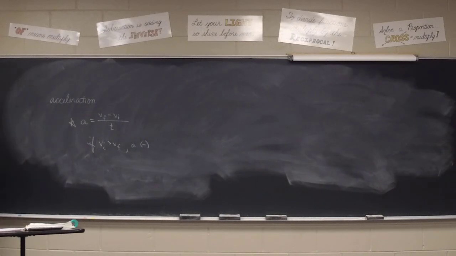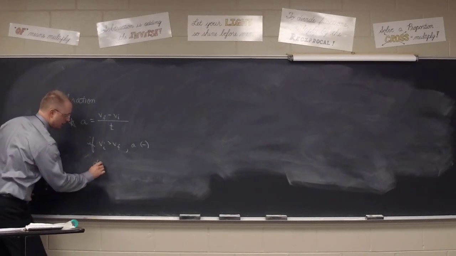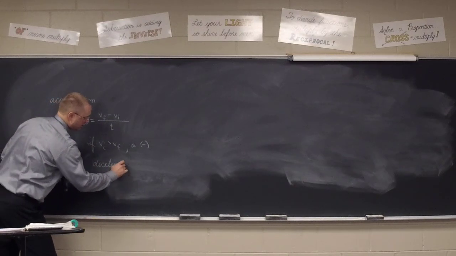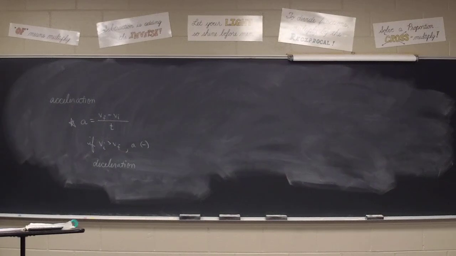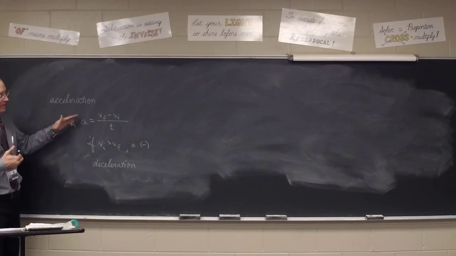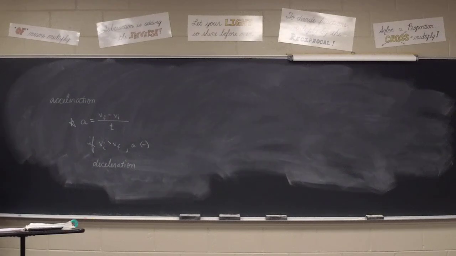And we call this negative acceleration deceleration. So speeding up we generally refer to as acceleration. Technically, slowing down is a form of acceleration, but we give it its own name, deceleration.